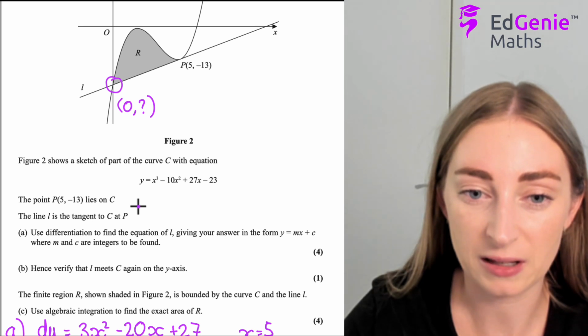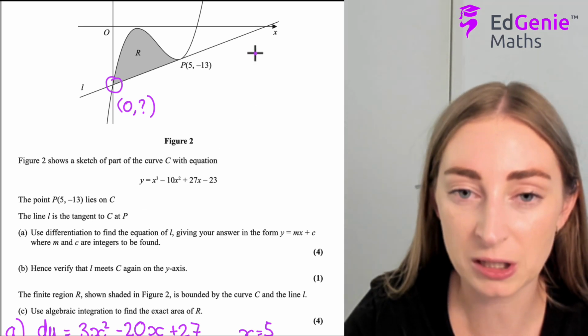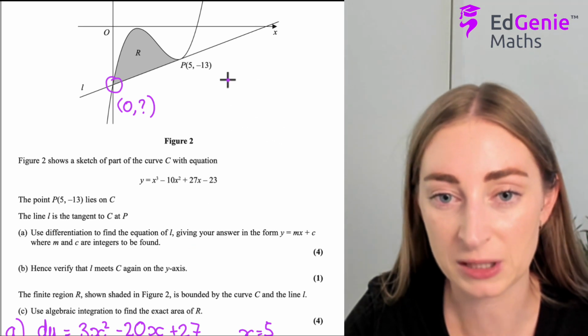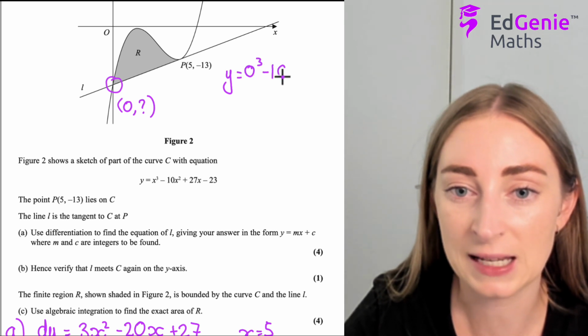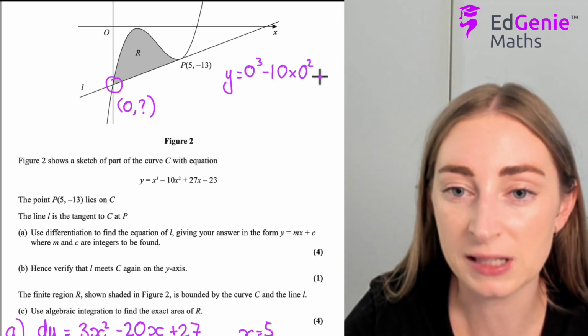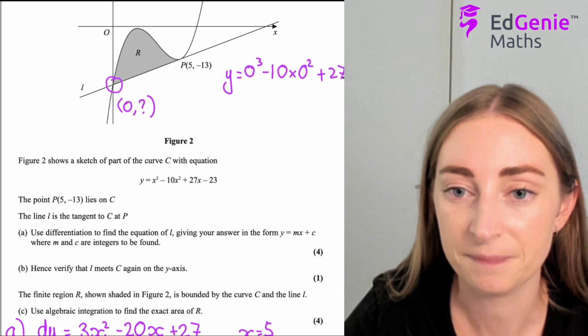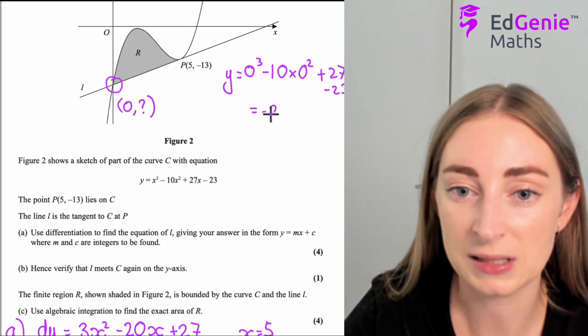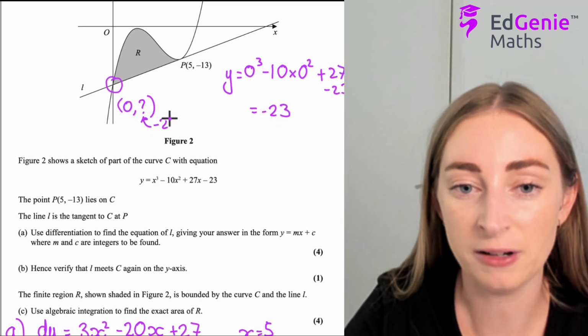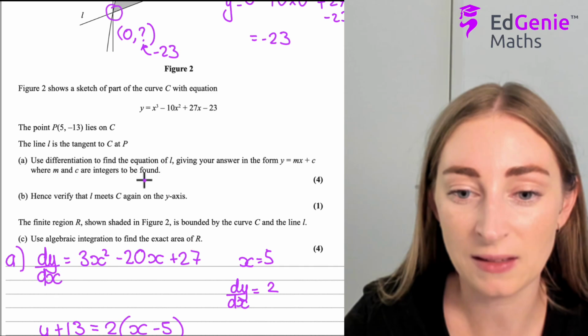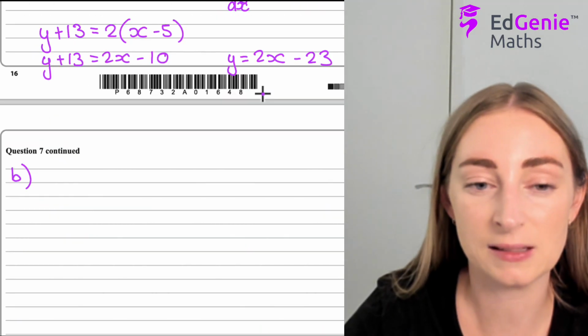Because we're verifying, I'm actually going to write that out. I'm going to do it up here only because otherwise I'm going to be scrolling up and down the whole time. So 0 cubed minus 10 times 0 squared. Obviously, we already know what this is going to be. Equals minus 23. So that value in there is minus 23. Let's check that that works for this.